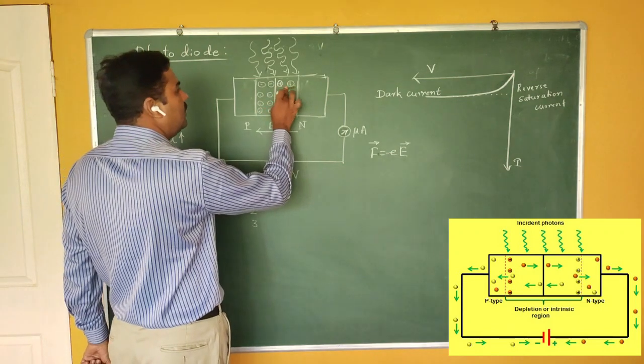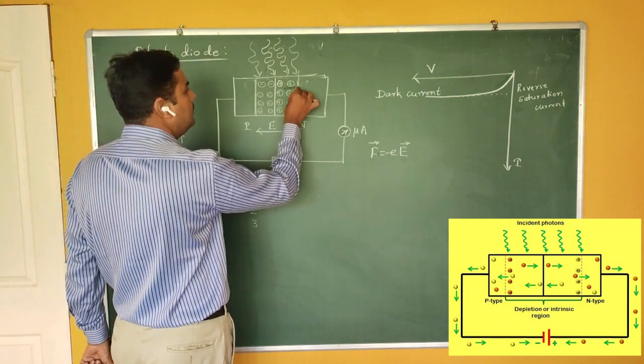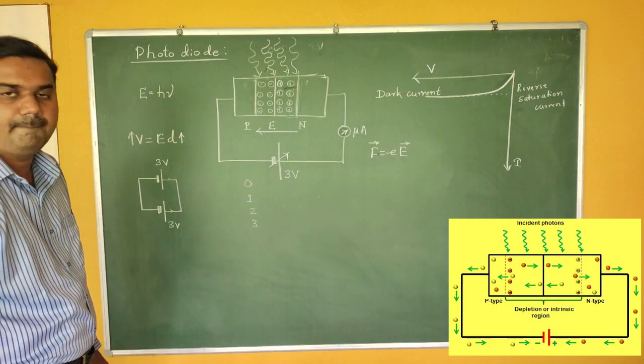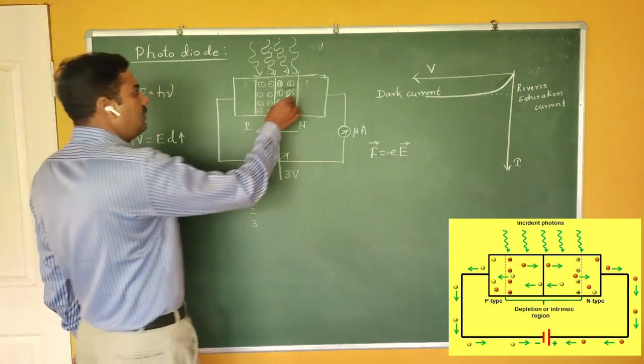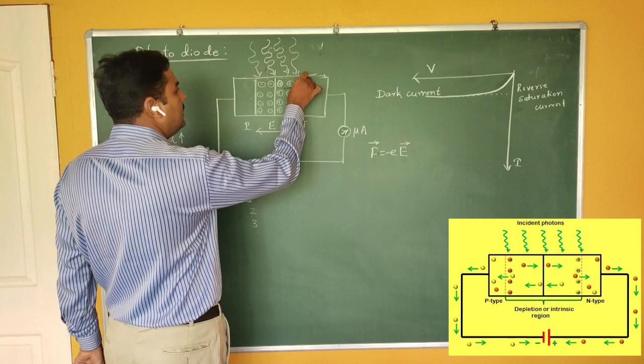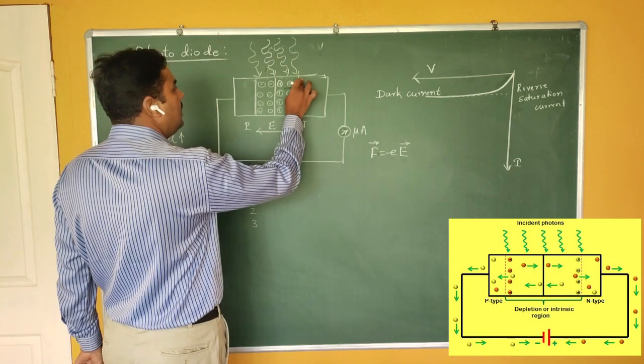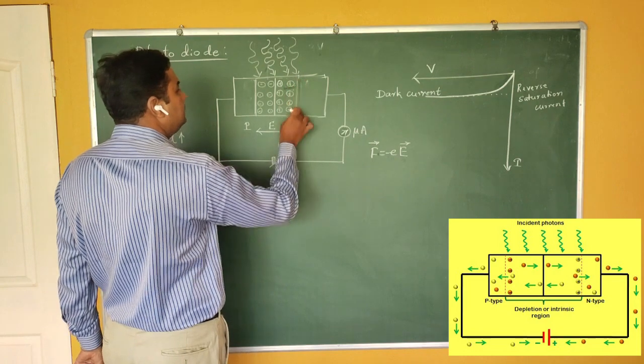Therefore, this electron starts moving in the opposite direction. It comes here on the other side. Are you getting me? So this electron moves towards this particular region. Now electrons start moving here.